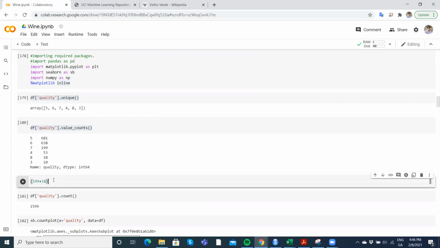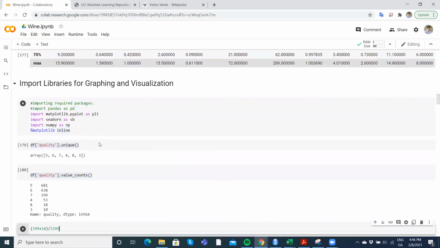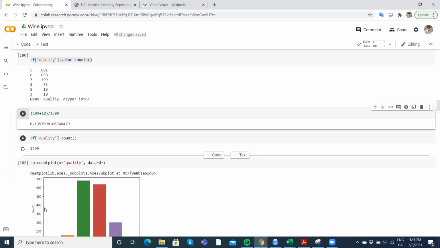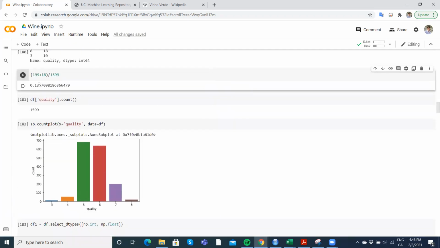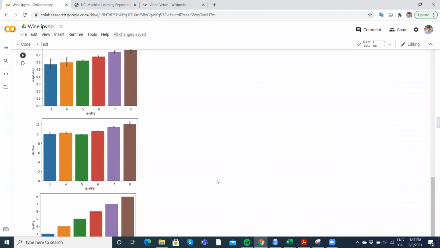And the total sample size is 1,599 wines. So about 13% of the wines we consider to be good. So if our prediction was that they were all bad, then we would be getting 86, 87% accuracy. So 86% accuracy is what we've got to beat.